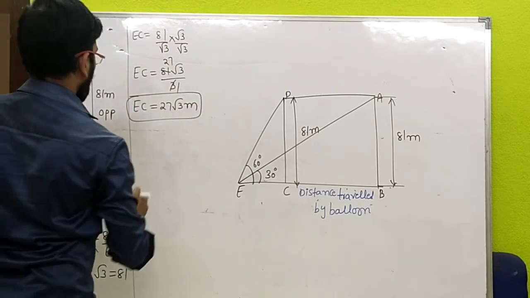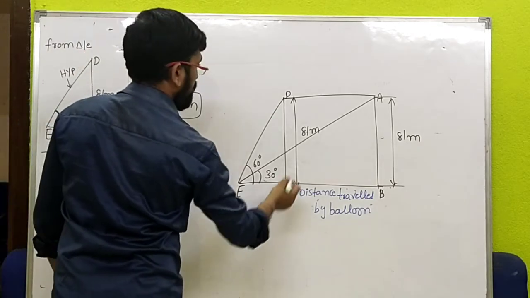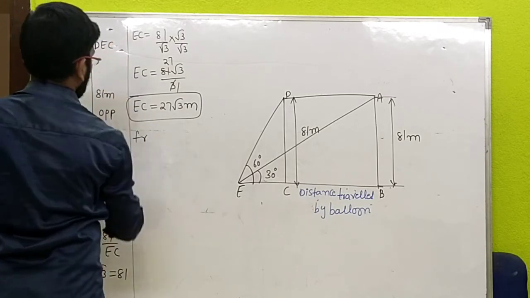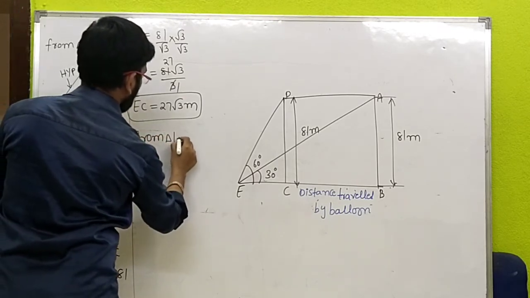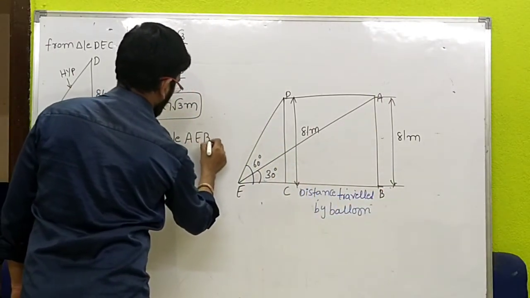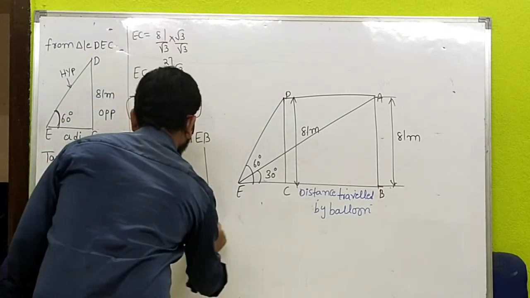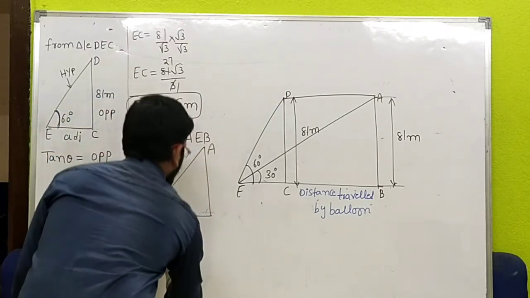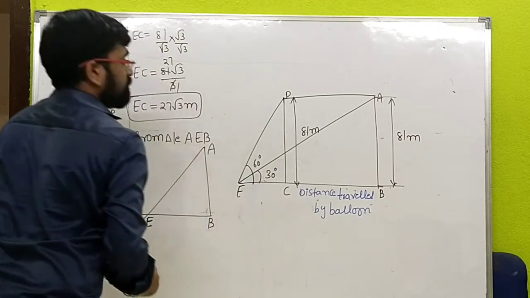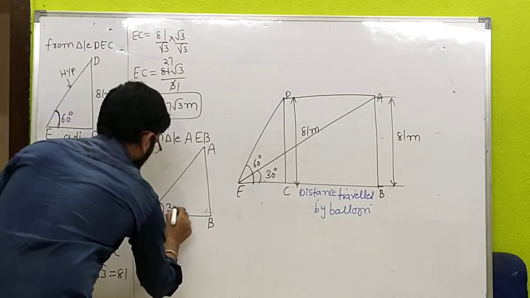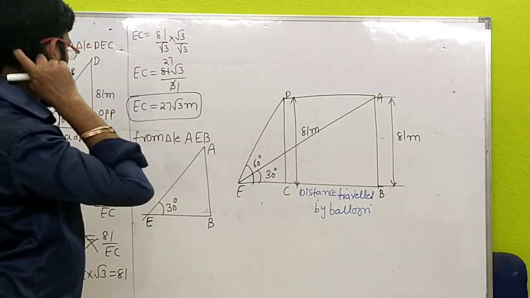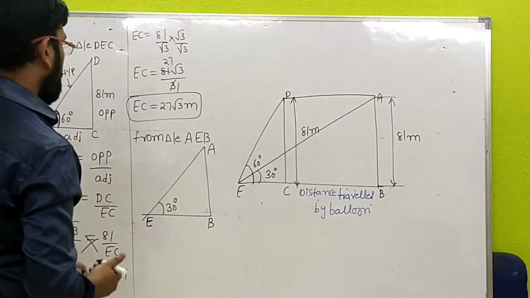Next, we need to consider triangle AEB, and theta is 30 degrees.